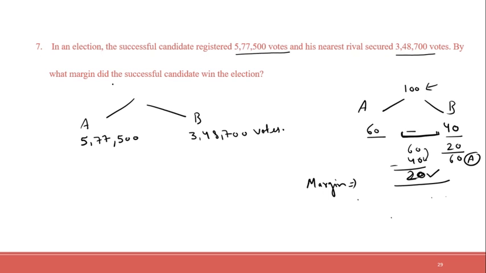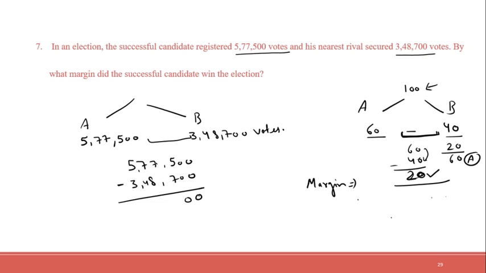Now the question wants you to find the margin. By what margin did the successful candidate win the election? That means they want to know the difference between these two. So what we will do is 5,77,500 minus 3,48,700. Now subtract it.